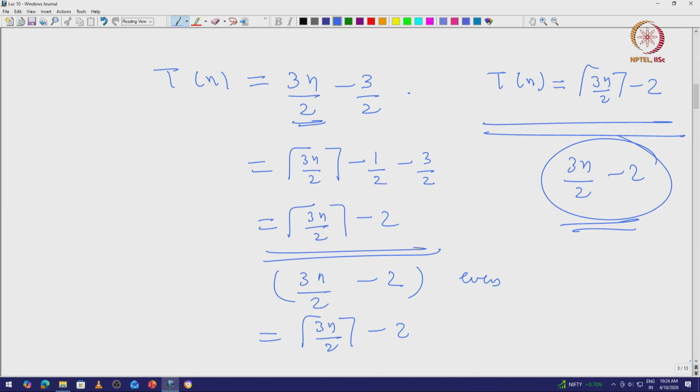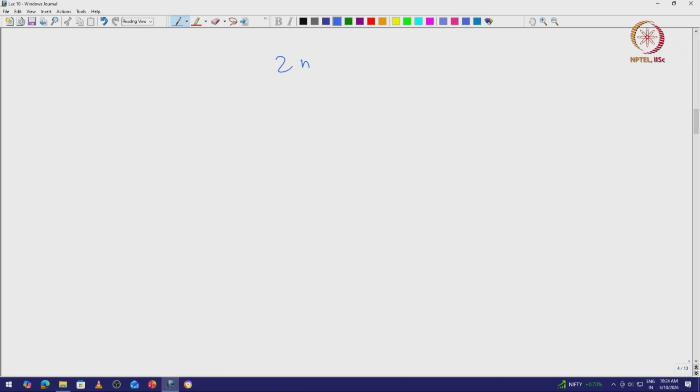It does not matter. What is the net saving? The net saving is n by 2. The naive algorithm is 2n minus 2. This clever algorithm is 3n by 2 minus 2, a saving of n by 2. Definitely you are going to save n by 2, because there will be n by 2 2's.